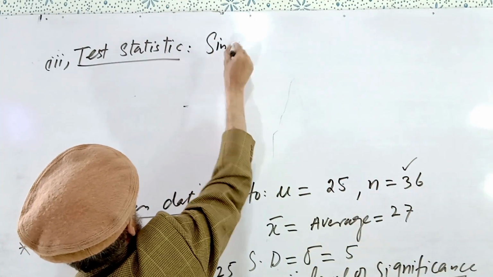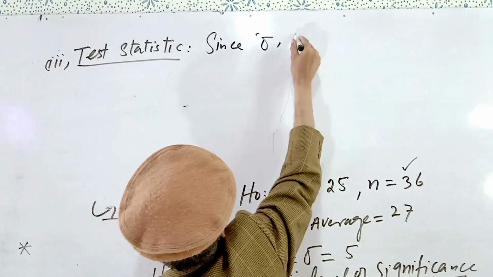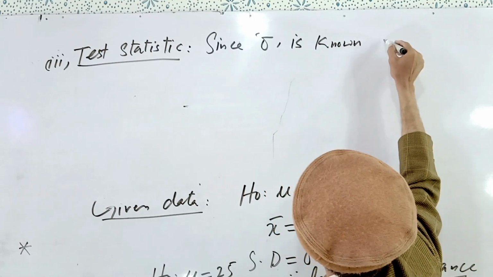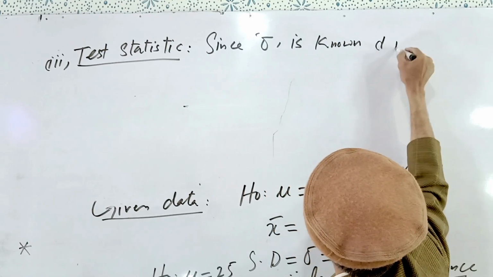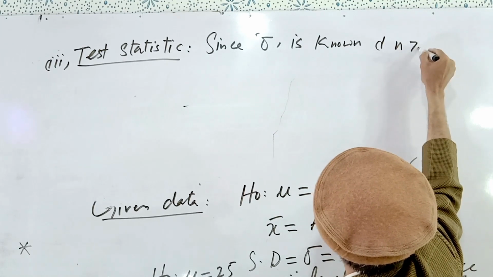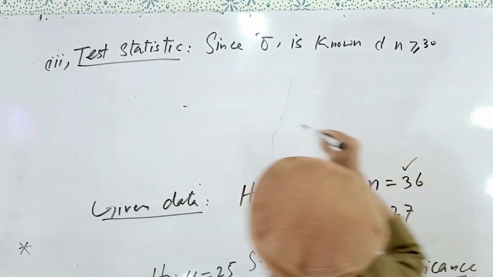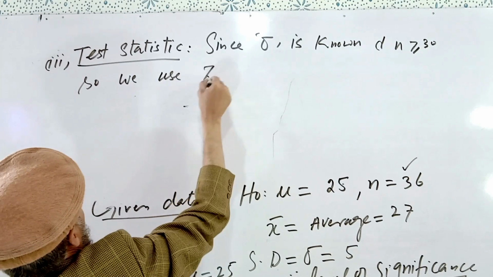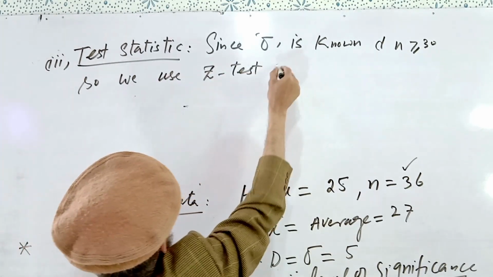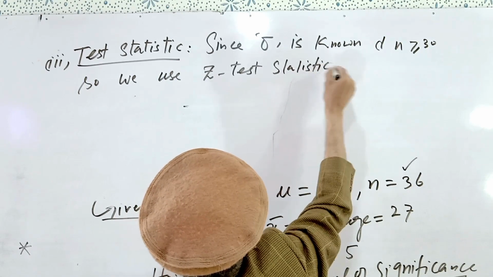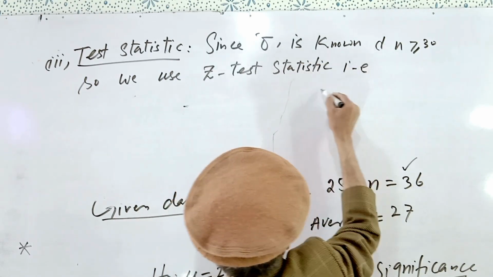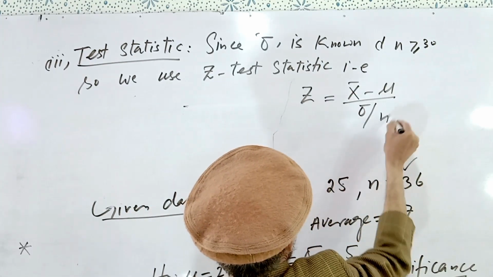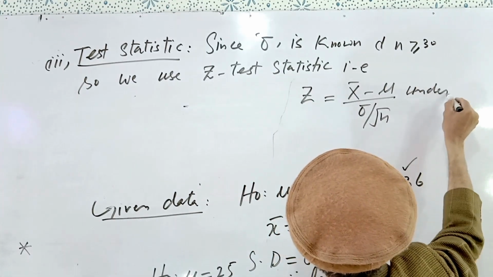Since sigma is known and the sample size is greater than or equal to 30, we use the Z test statistic, that is Z is equal to x bar minus mu divided by sigma over root n, under H naught.